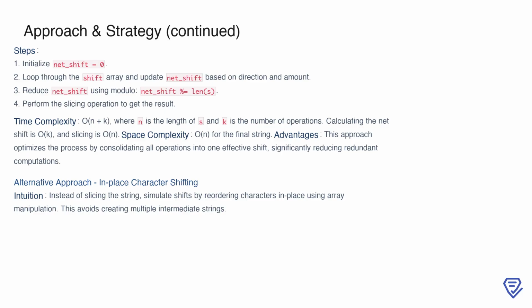The resulting time complexity is O(n + k), where n comes from the slicing step and k from iterating through the operations. The space complexity is O(n) for storing the final string, which makes this approach both efficient and practical. By consolidating all operations into one final shift, we eliminate the inefficiencies of repeatedly manipulating the string.